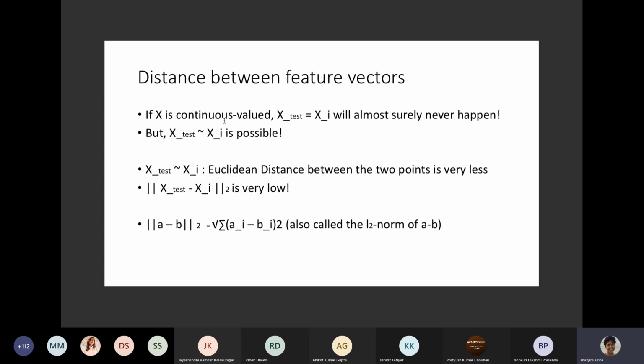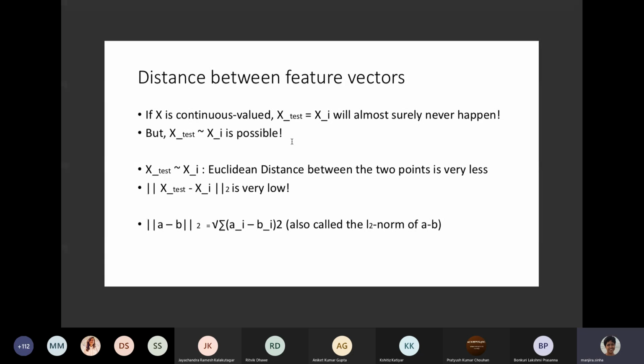Now, if x is a continuous value, then the test data point matching one of the training data points will almost never happen. But what can we assume? That it is a close match to the ith data point. So my test feature vector is very closely matched to my ith training feature vector.